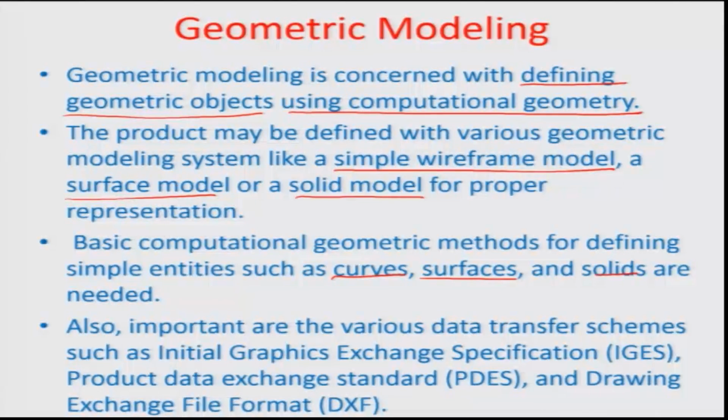In this particular module we will be studying some of those simple geometries which, in integration with each other, result in a more complex shape or form. It is also important to learn what you do with this data.